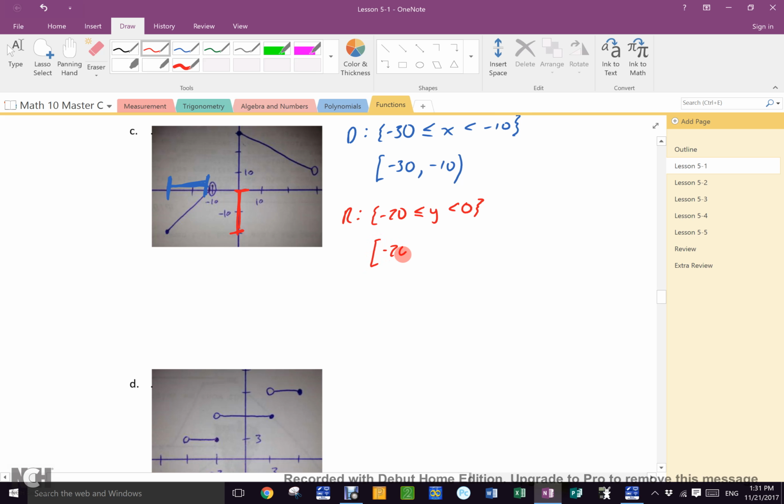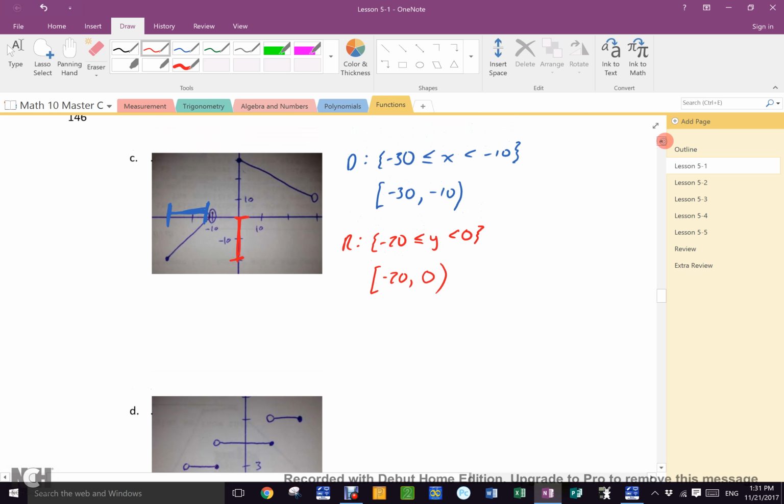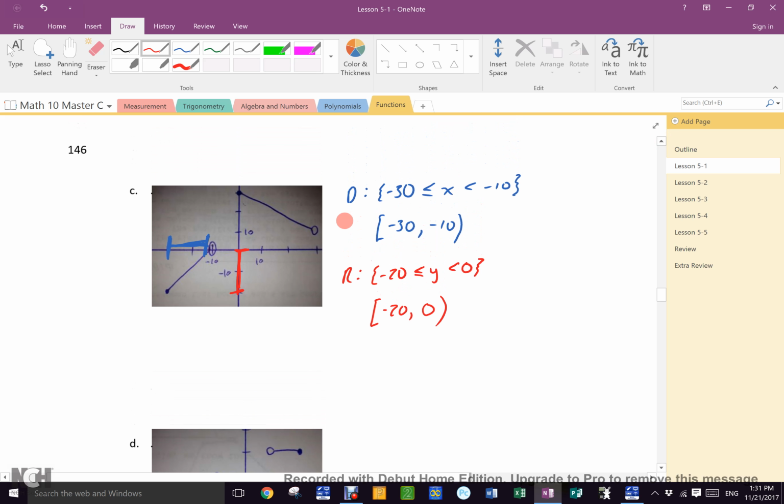Square bracket, negative 20, regular bracket 0. Everybody cool? Now, the domain is all the elements in the set. Everyone agree? Okay. Have I covered all of the elements in the set?